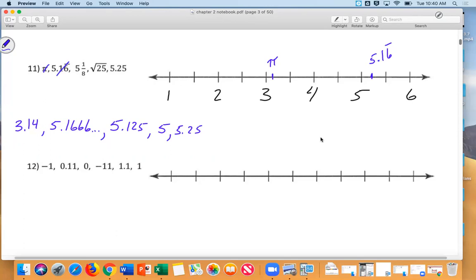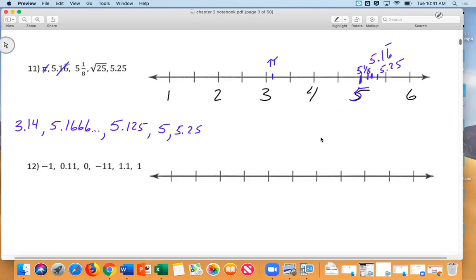Let's talk about 5 1/8. 5 1/8 corresponds to 5.125, and that's going to be right here, just below 5.166 repeating. Now 5 is right here. And then we have 5.25, which is going to be right there. Notice I'm kind of jammed up here. That's why I want to give myself some space.